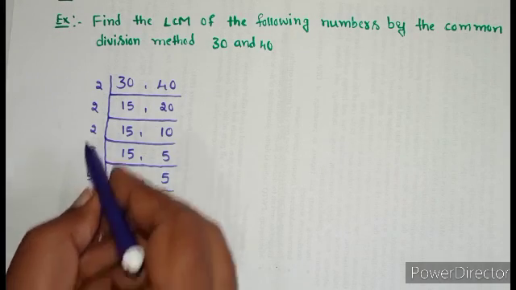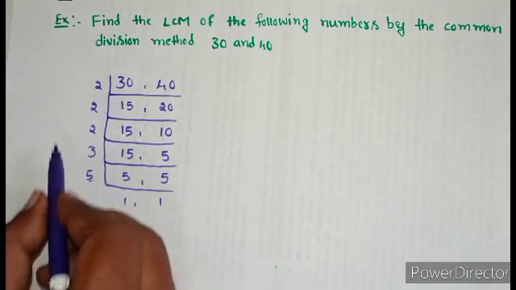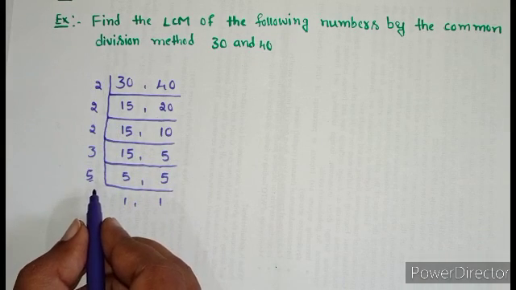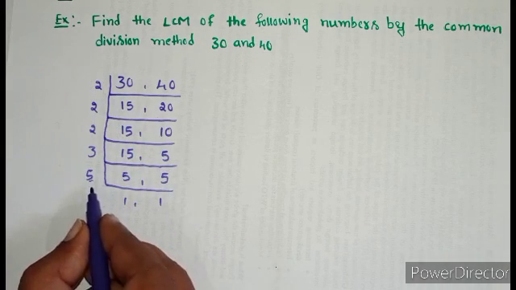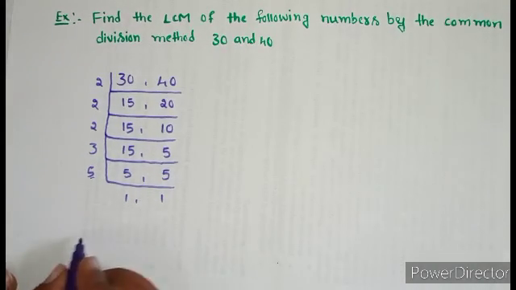So now we need to multiply all these factors and the numbers in the last row to get the LCM. Okay, all of you see here.